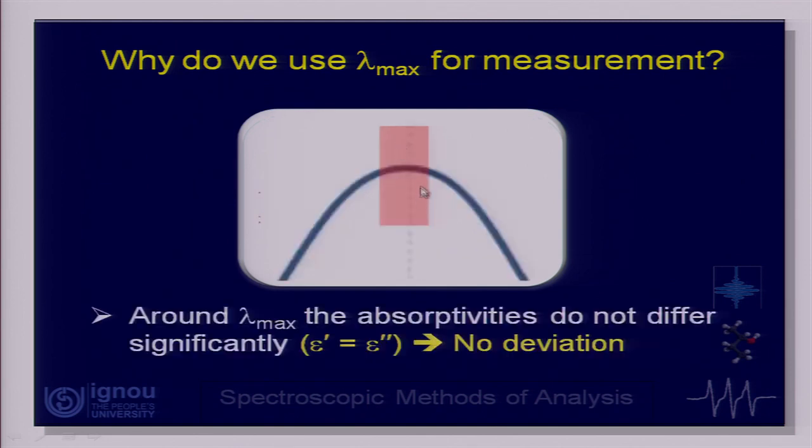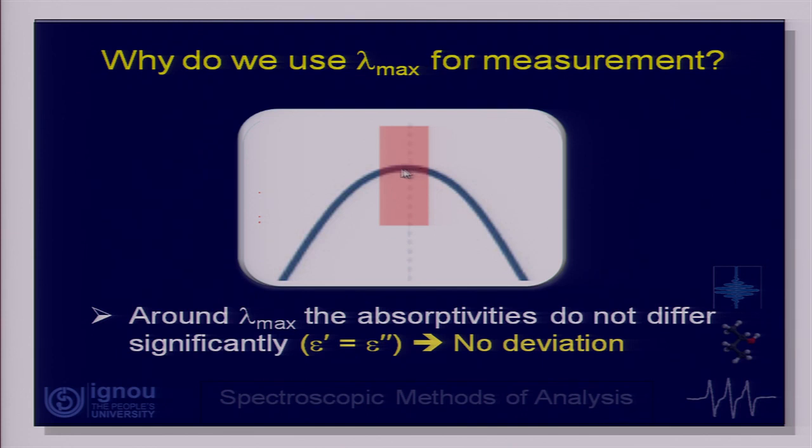The reason for that is, suppose this is my lambda max, and it so happens that my instrument is not providing me monochromatic radiation, monochromatic meaning radiation of only this particular wavelength. Suppose I need a wavelength of 100 units, and it happens to be 99 or 101, so there is a spread of three wavelengths, 99, 100 and 101.